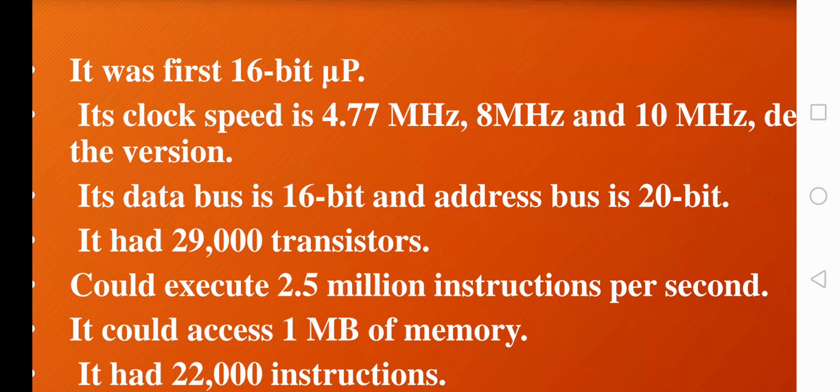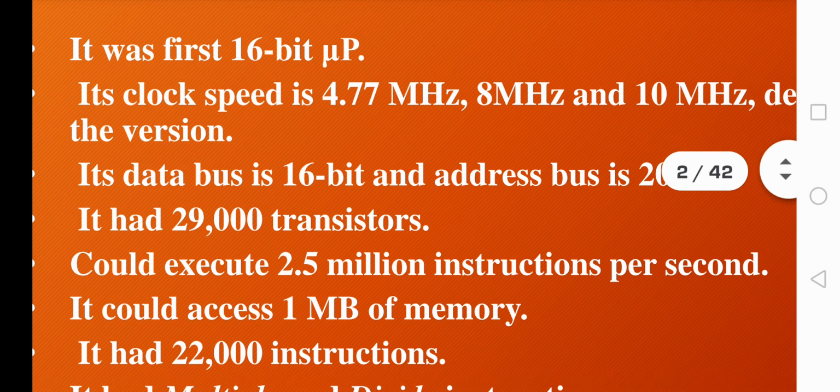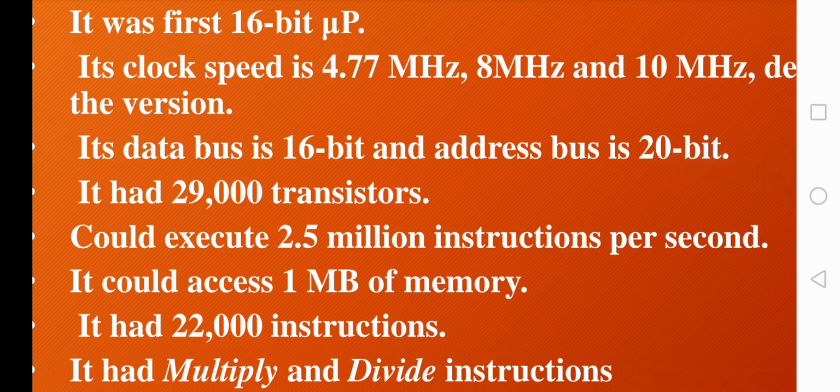Once more, each and every microprocessor is defined in terms of its capacity. That means you can say a microprocessor is 8-bit, 16-bit, 32-bit, 64-bit, likewise. How can you say that a particular microprocessor is of this many bits? It is truly based on the capacity of the data bus residing within that specific microprocessor.